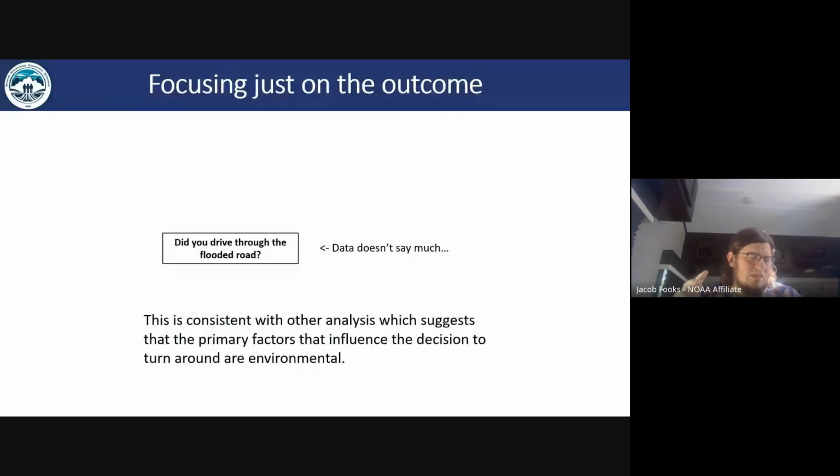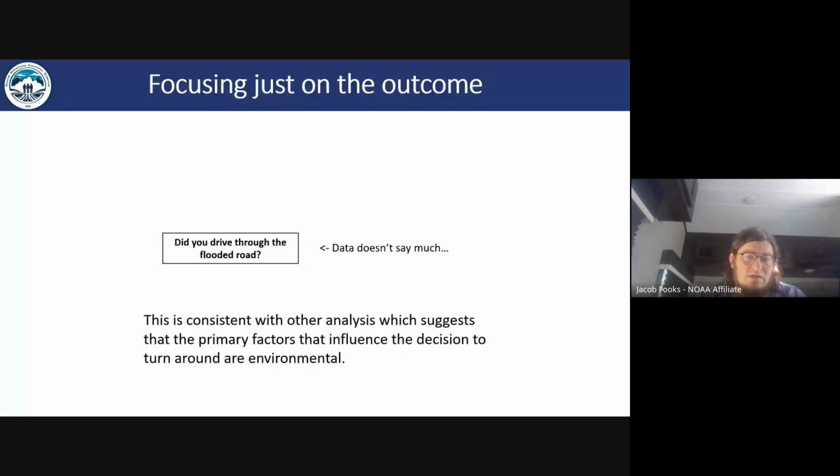So this is the crux of this. If I've been rambling and all over the place and you've stopped paying attention to me, start paying attention now again. This is the third key point that we want you to take away. If we just look at the question, did you drive through the flooded road? Our data does not say much about that on its own.